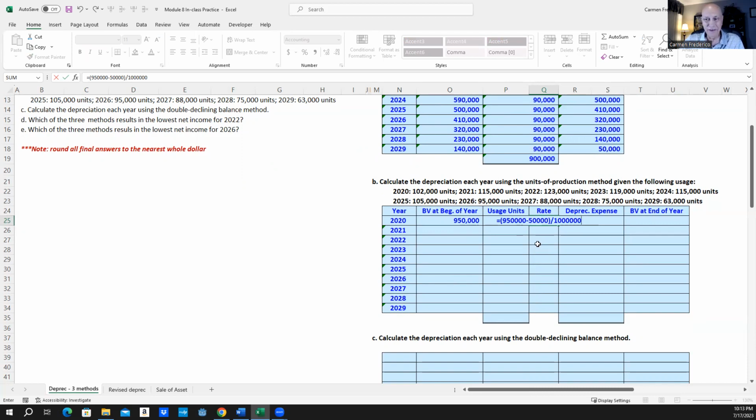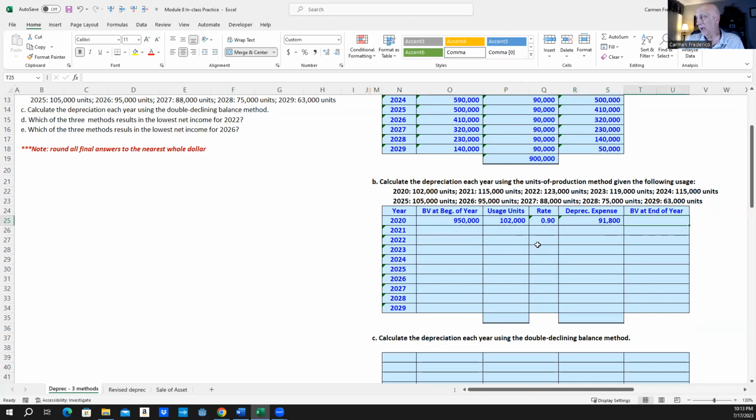So we're going to take the $900,000 of depreciable asset divided by the million units, or 90 cents a unit. So for every unit we manufacture or produce, we are going to take 90 cents of depreciation. So depreciation expense is going to be simply the number of units times the cost per unit of the depreciation based upon the million units estimated. So we're going to have depreciation expense of $91,800 in the first year.